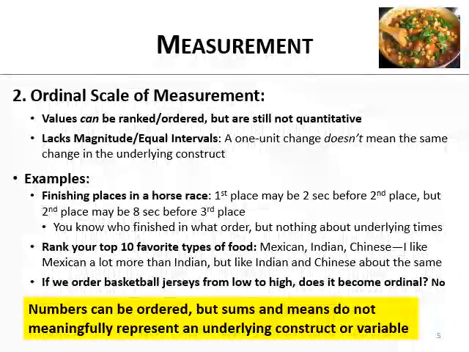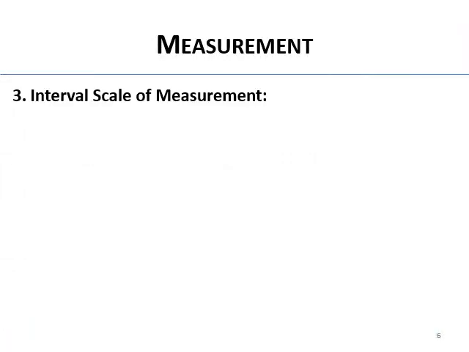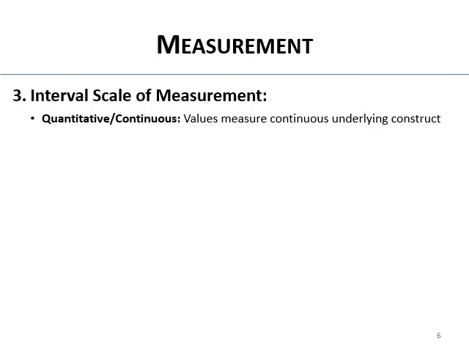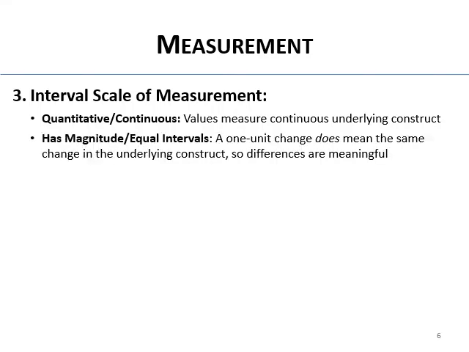It's about to get crazy. The third one is the interval scale of measurement. And this is quantitative or continuous. That is, we assume with interval scales, the values are measures of some underlying continuous construct. So interval scales of measurement have magnitude, that is, they have equal intervals.